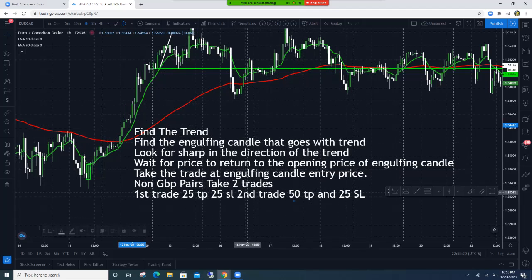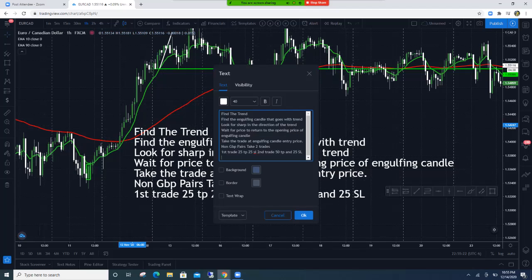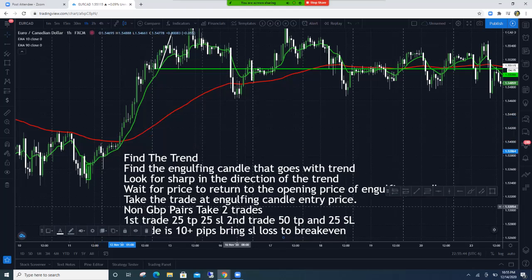Now, the next thing is in-the-moment risk management. If the trade is 10 pips in profit, bring the stop loss to break even. What I mean by that is, say once this gets 10 pips in profit.